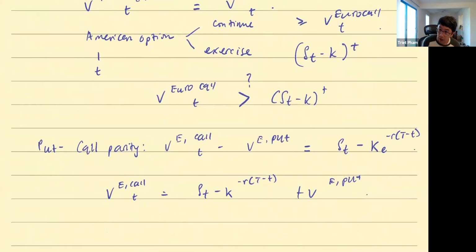Now, I think this is interesting, because I keep telling you R doesn't matter, and it's exactly at this place where R shows up. Because if R is positive, this is bigger than this. Do you agree?